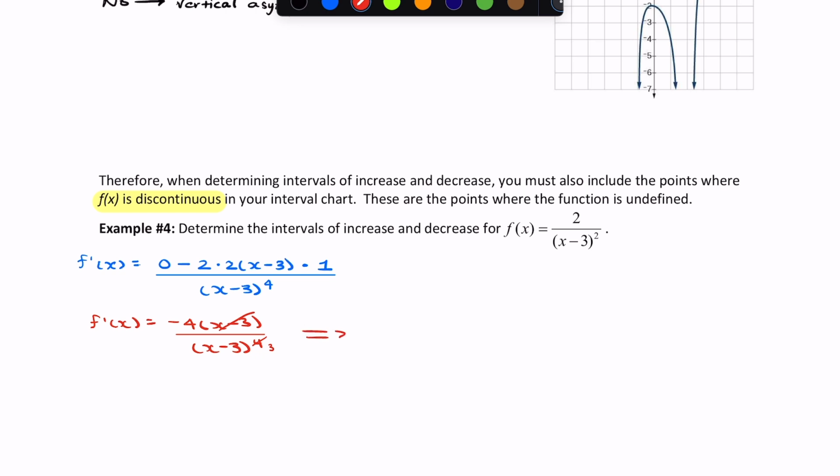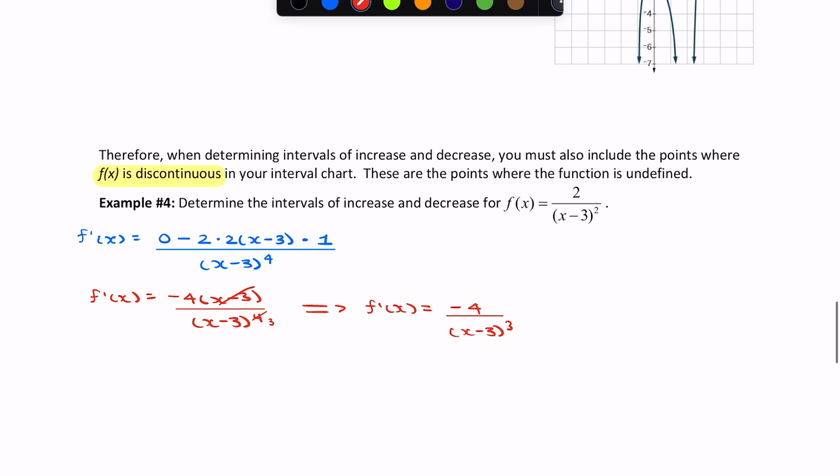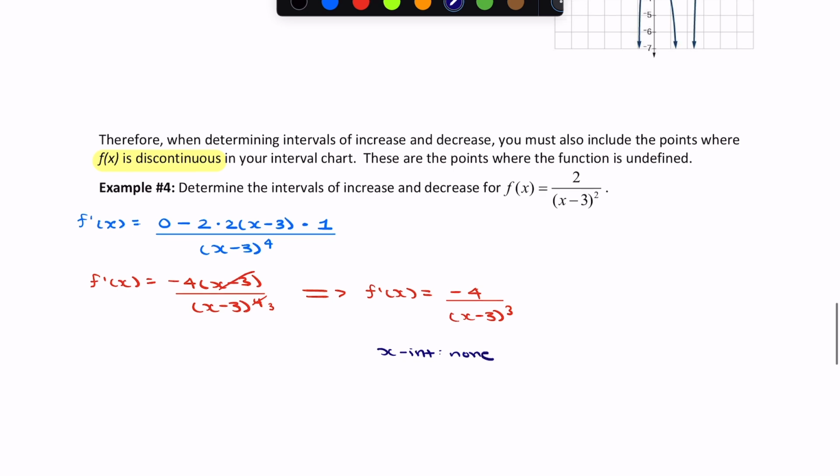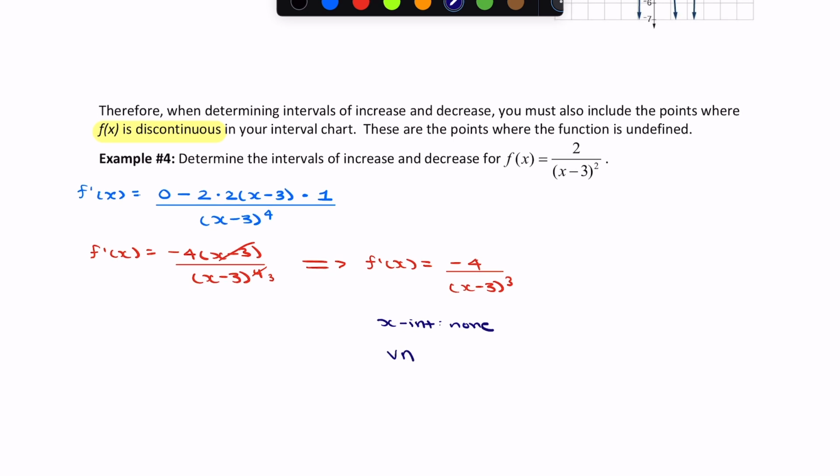Here, we'll be left with f prime of x is equal to -4 over x minus 3 cubed. Here, there's no x-intercepts. What we do have is a vertical asymptote. X is equal to 3.